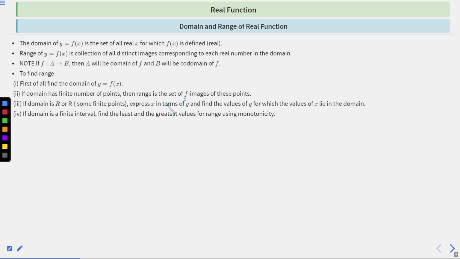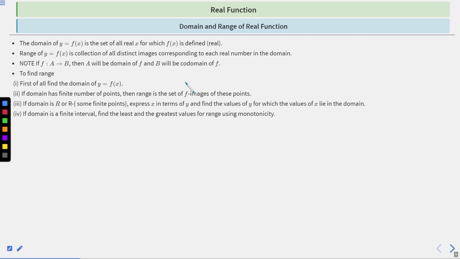If the domain is R or R minus some finite points, express x in terms of y, then find the values of y for which the values of x lie in the domain. If the domain is a finite interval, find the least and greatest values for the range using monotonicity.